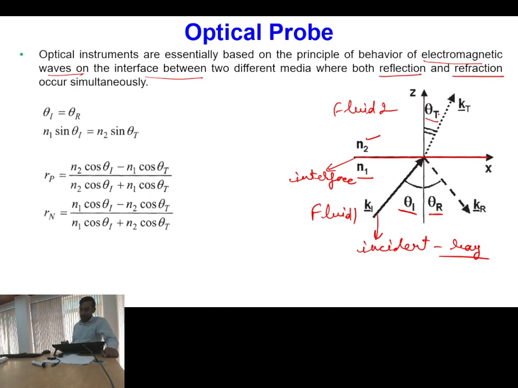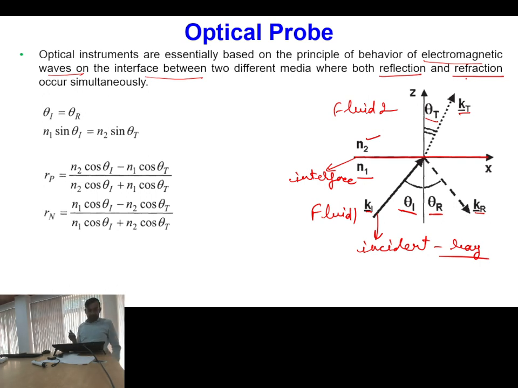Okay, now here ki, kr and kt are the corresponding vector directions which represent the direction of incident, direction of reflected, and direction of the transmitted.